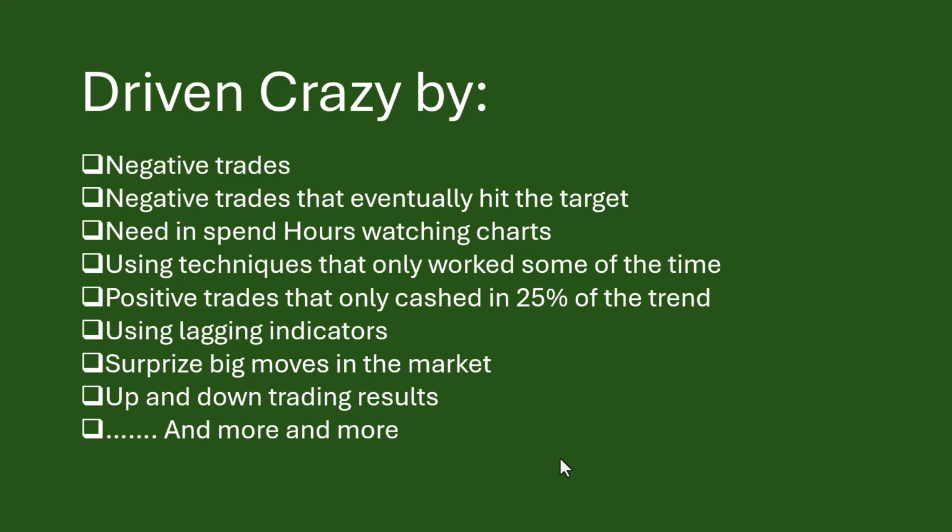Some of the techniques are trending techniques, others are sideways trading techniques. The currency can decide when it wants to trend and when it wants to trade sideways, and it's very difficult to select the correct technique, a sideways technique in a sideways market or a trending technique in a trending market, but there's no warning when the market's going to be doing that.